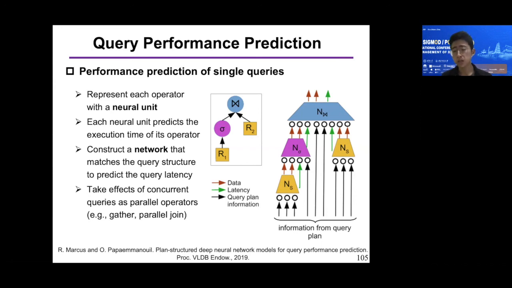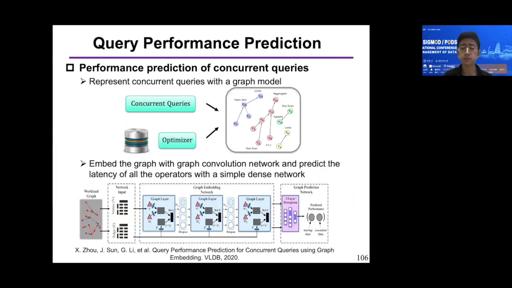However, they just denote the child operators and the parallel plans as tree nodes and cannot capture operator-to-operator relations like data sharing and conflict features. So Zhou has proposed a performance prediction method with graph embedding.